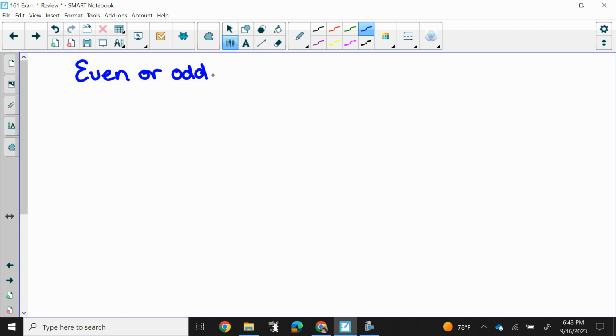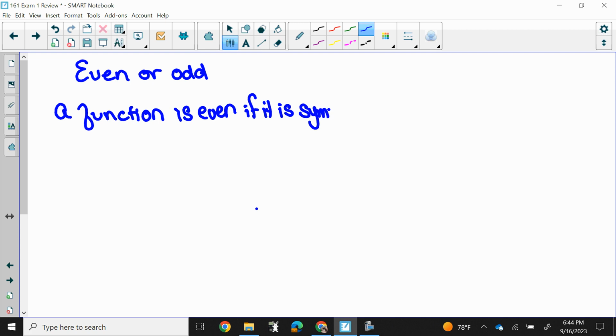Okay, so a function is even if it is symmetric with respect to the y-axis.